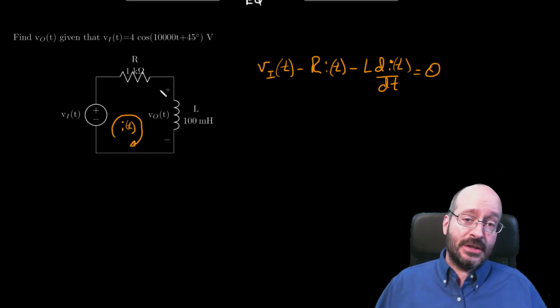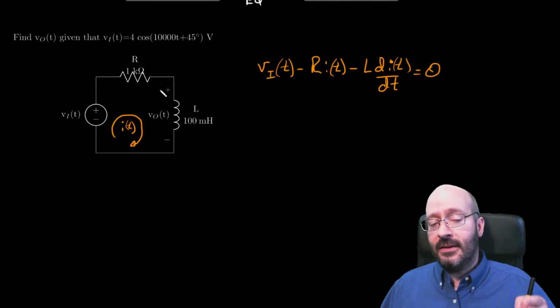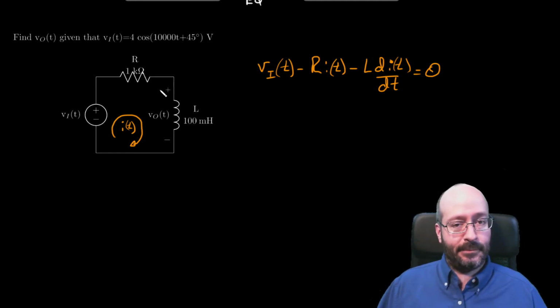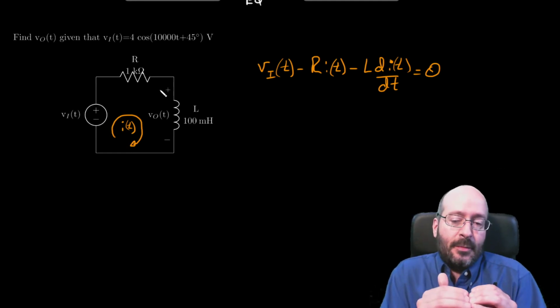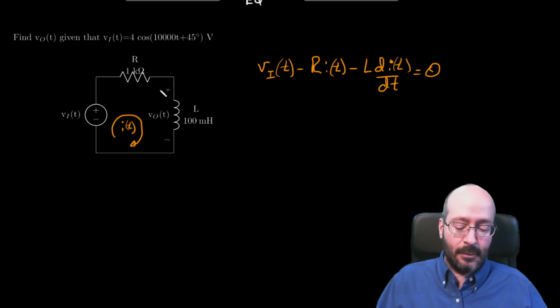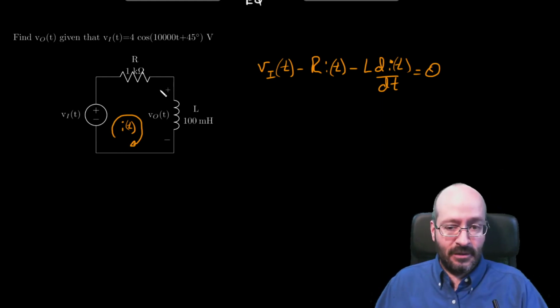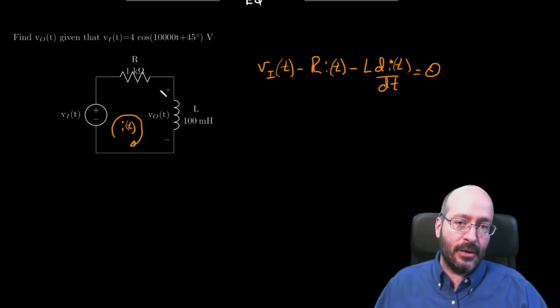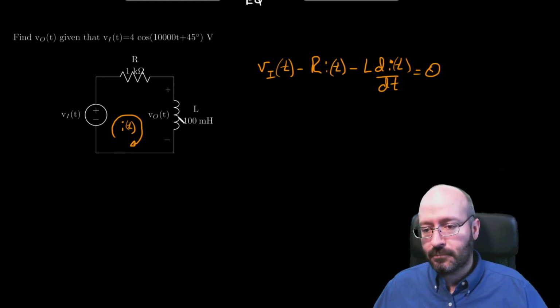Okay, so when I approach these problems, every component needs a complex number. If I'm moving from the time domain to the phasor domain, every component gets a complex number. Voltage sources and current sources get phasors, and any passive component gets an impedance.